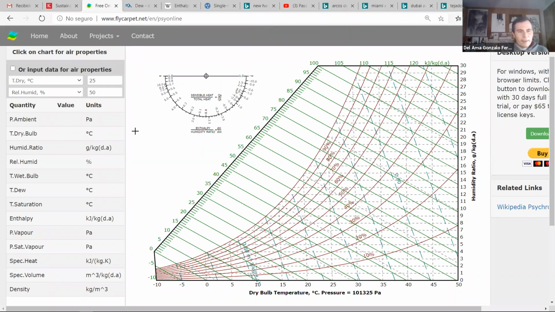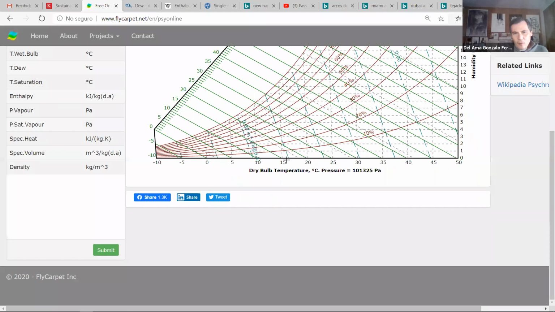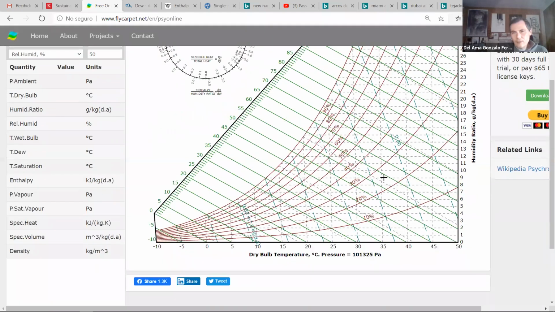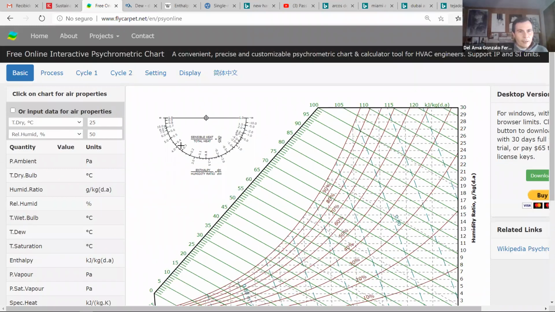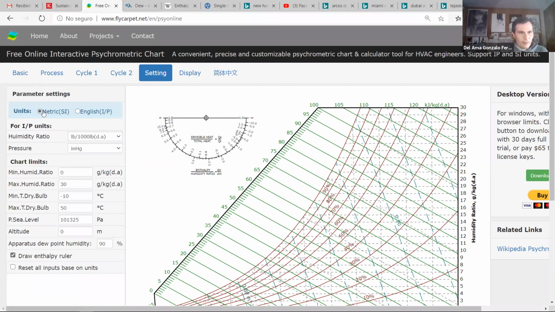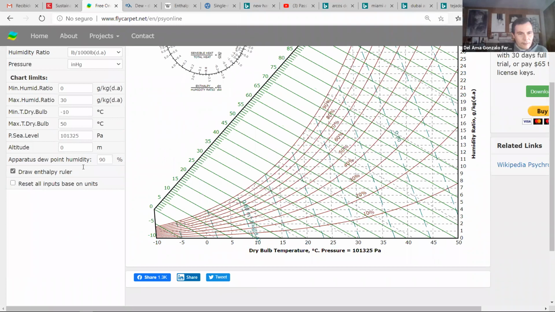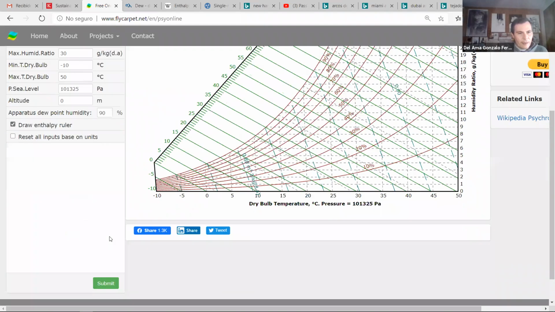Incredible. By default, you see that the temperature is in Celsius, and these are international units. We can fix it. If we click on settings, here we can change the units. This is the metric. By default, we have the international units. We can work with the English or imperial units. Let's click here and click submit.